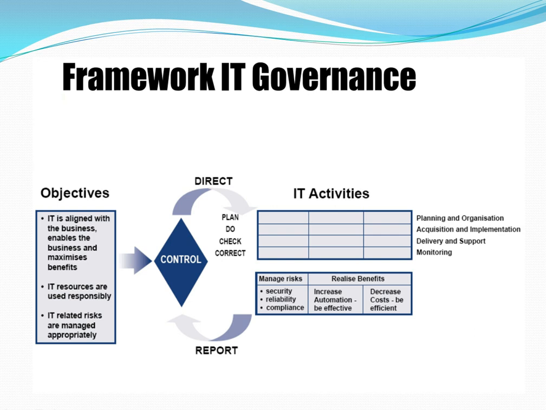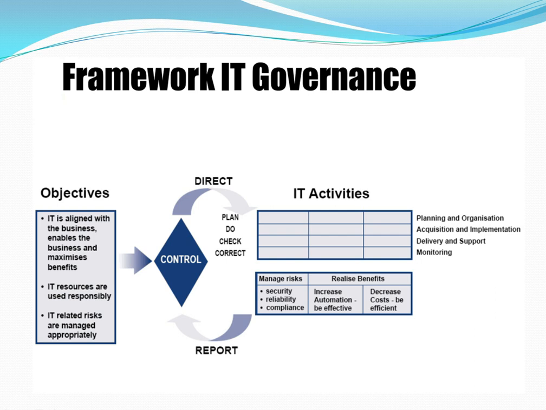Now, on the planning, you have planning and organization. On the do, we talk about implementation of the IT activities, acquisition and implementation, talking about expansion projects, yes, IT projects. Then you check the delivery and the support.